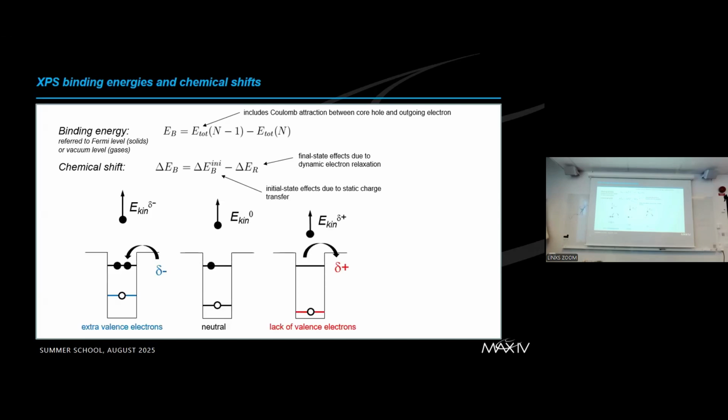Now, no matter where electrons are shifted in the valence band, in the initial state or as a result of the final state screening, the principle is more or less the same. So if you have in the valence states an excess of electron density, and then you kick off an electron from the core hole, then the kinetic energy of the measured electron becomes higher as compared to the neutral state.